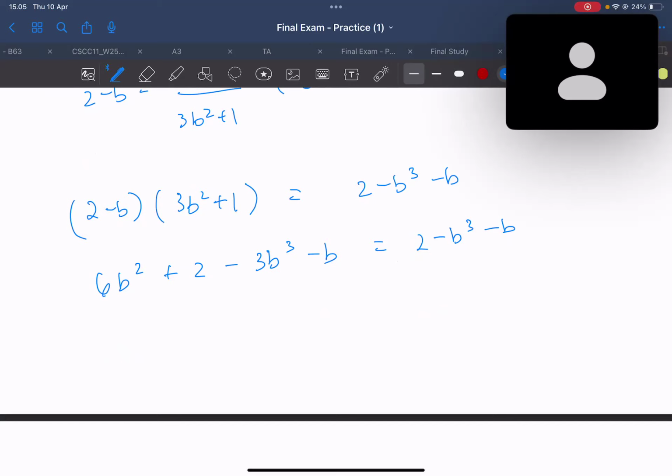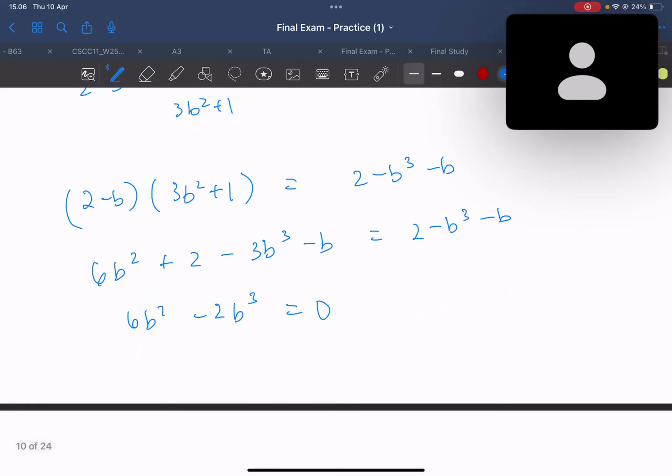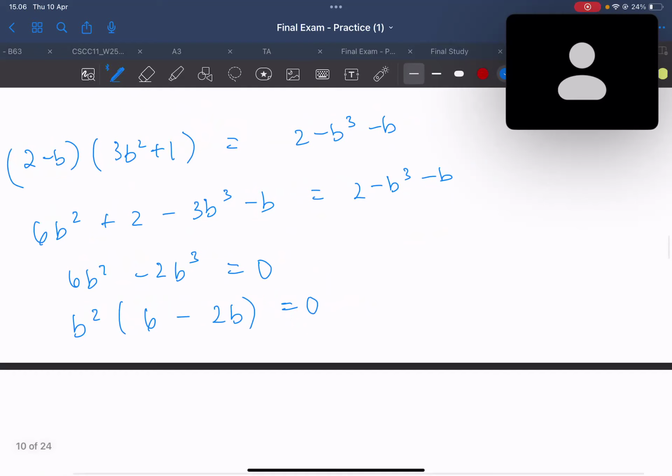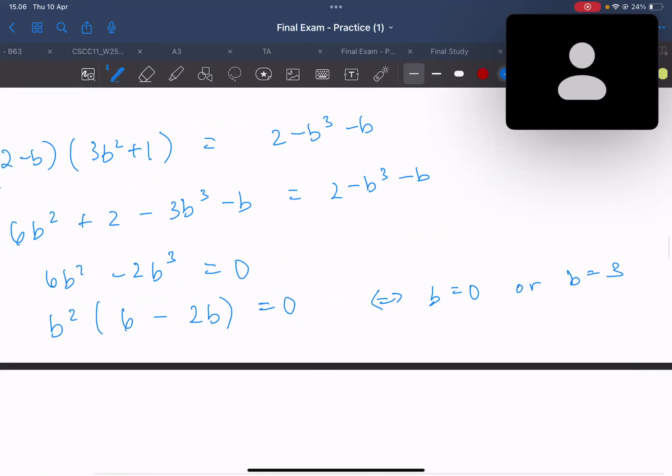You'll get 6b squared minus 2b cubed equals 0. Then you can factorize b squared, and that'll be 6 minus 2b equals 0. This means that b is equal to 0 or b equals 3.